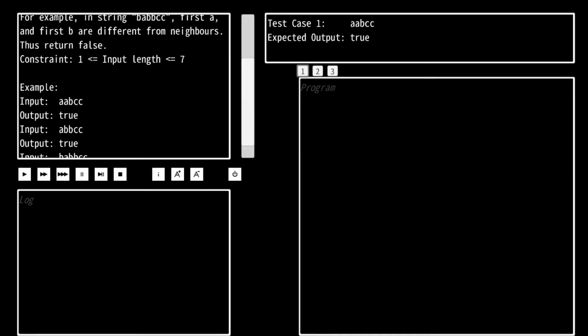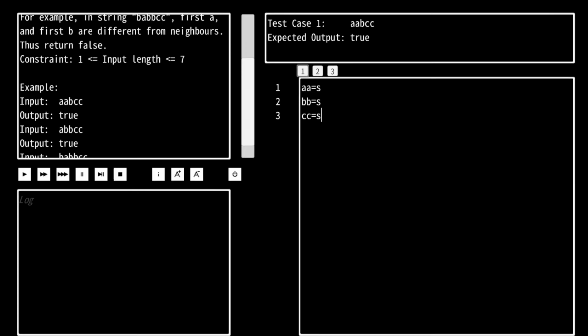If two letters are the same, I could mark that with a thing, right? So AA equals same, BB equals same, CC equals same, something like that.